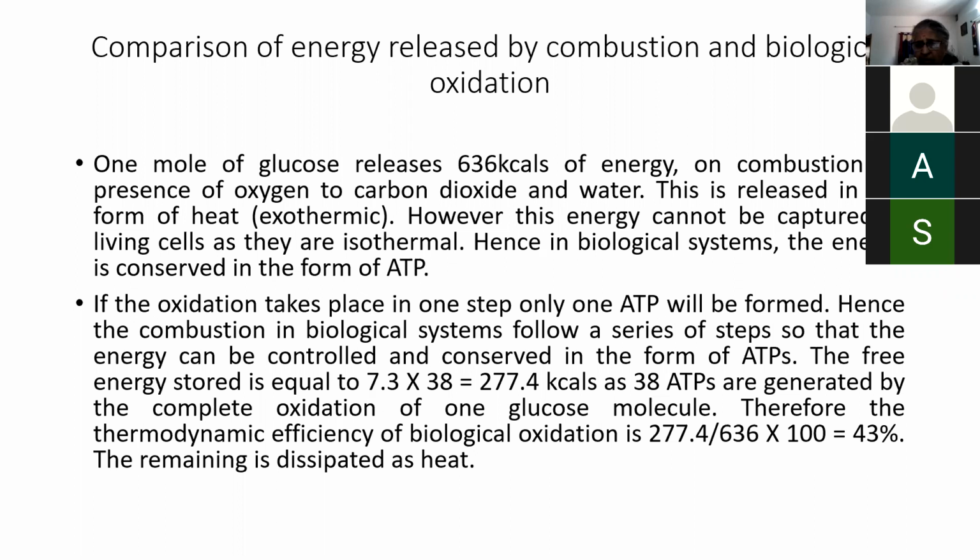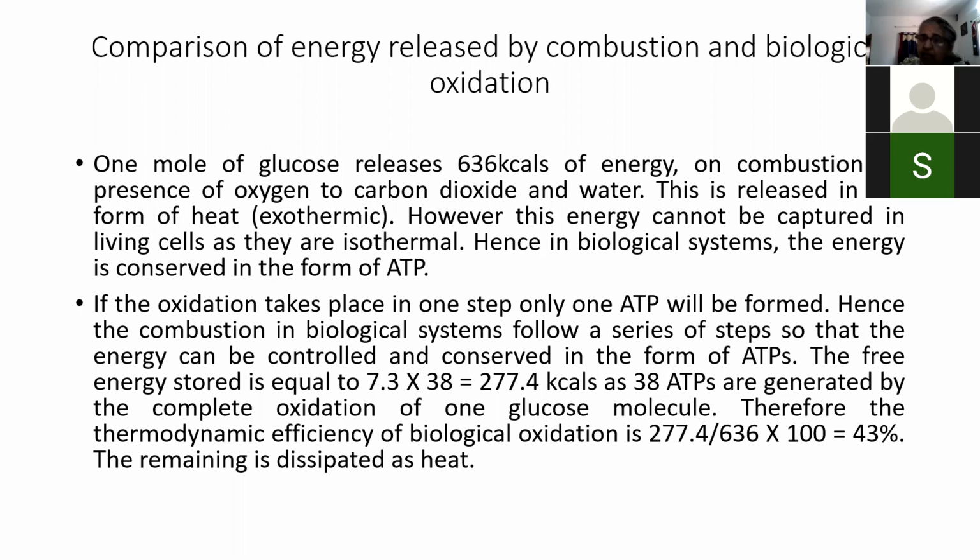Now, when I gave the example of the endothermic and exothermic reactions, I told you that the free energy stored in one ATP molecule is 7.3 kilocalories.